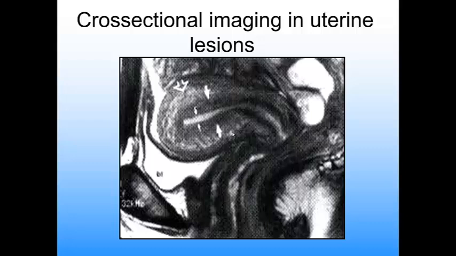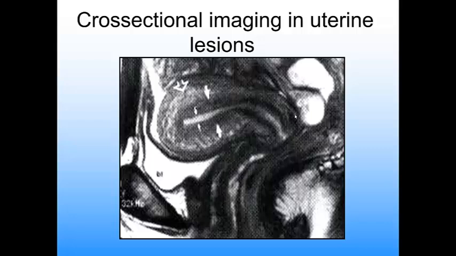These are the arcuate vessels, present between the inner two thirds of the myometrium and the outer third of the myometrium. Sometimes they appear signal void, meaning black on T2, and sometimes bright like that, according to the sequence, the stage of the cycle, and so on. This is the normal zonal anatomy of the uterus.